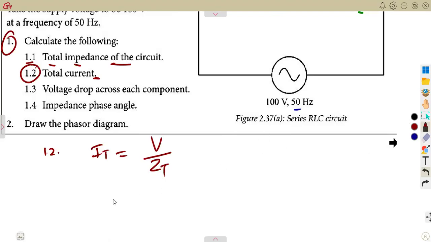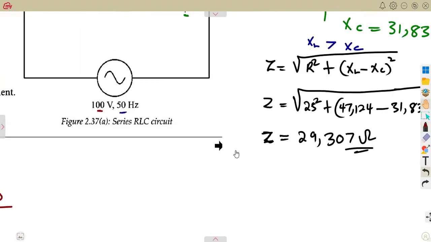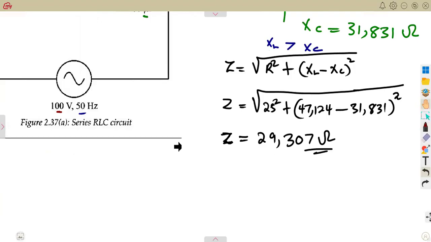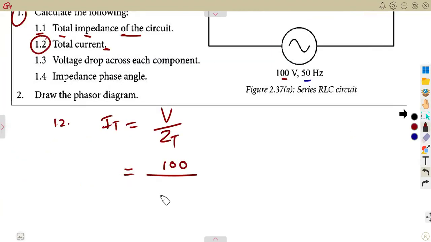So we take the total voltage, which is 100, over the total impedance we just calculated, 29.307. This gives us the total current of the circuit, which is 3.412 to 3 decimal places. And this is current, guys, measured in amps.